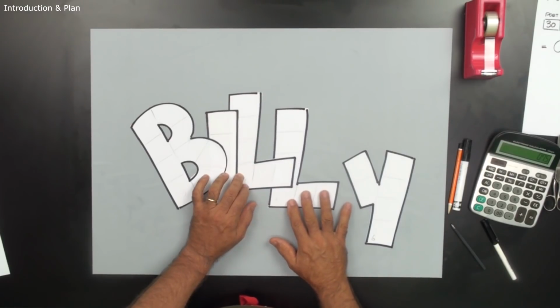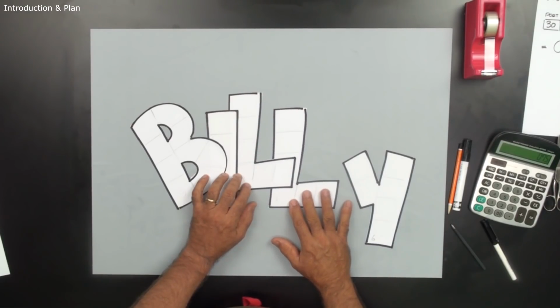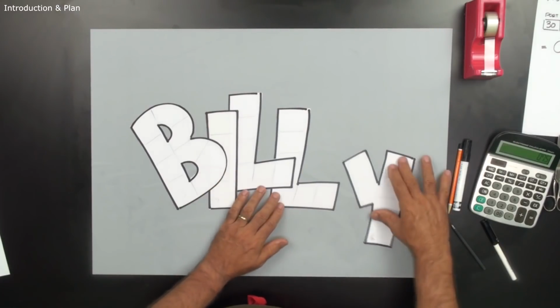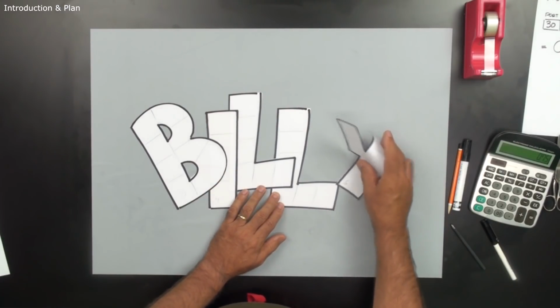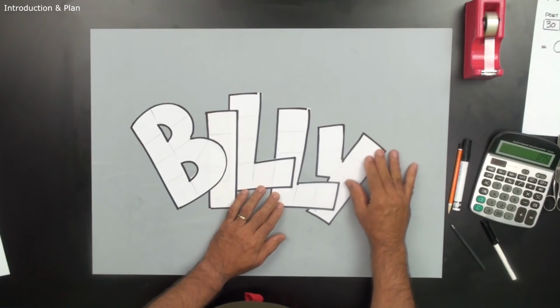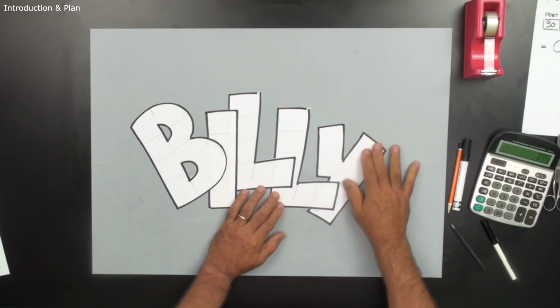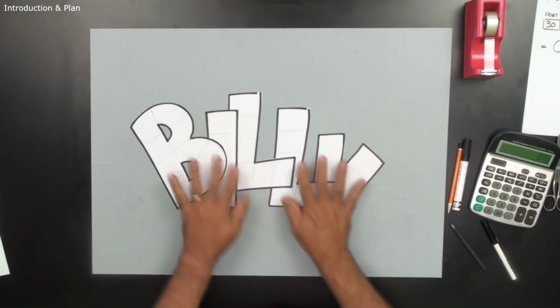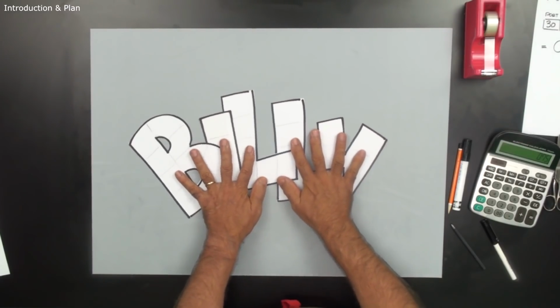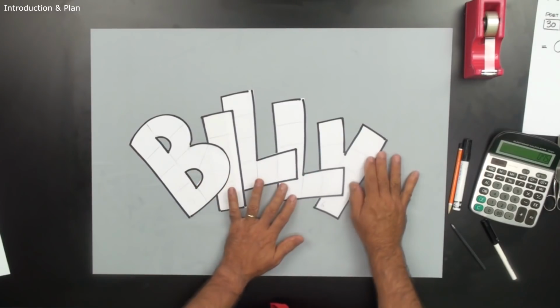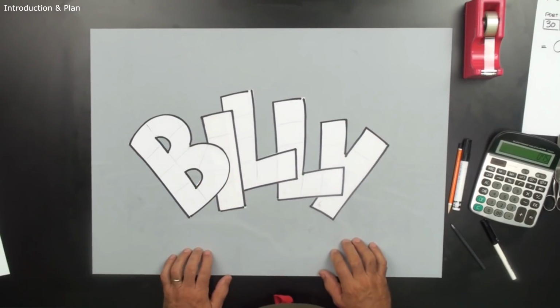So I'm going to make it look like this, and then I'm going to put this one somewhere here. Maybe this is too much gap going inside, so I'm going to go a little bit underneath like this, and then turn everything this way. So that's what my Billy cake looks like.